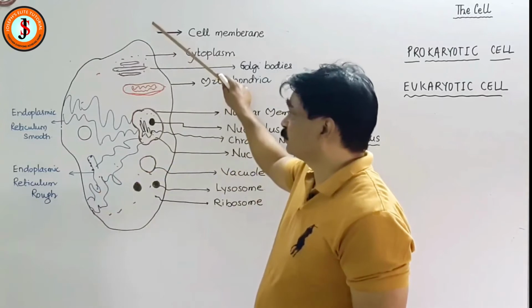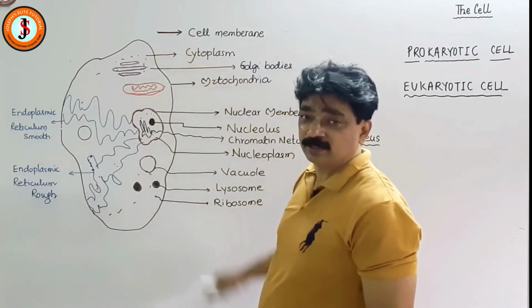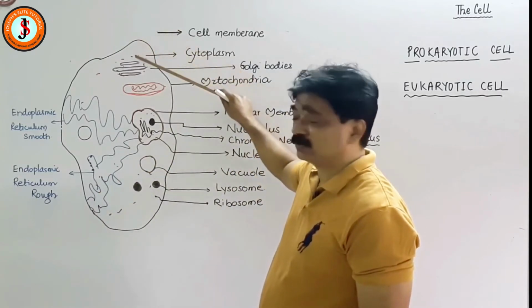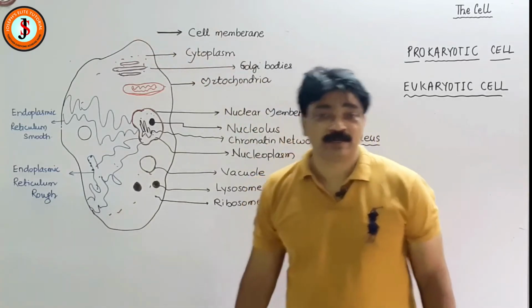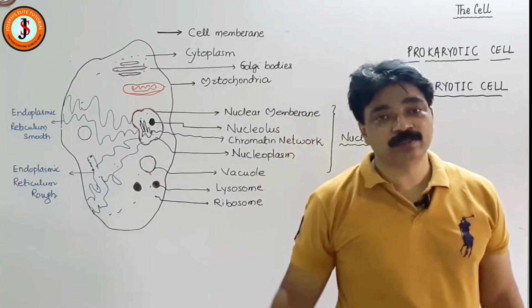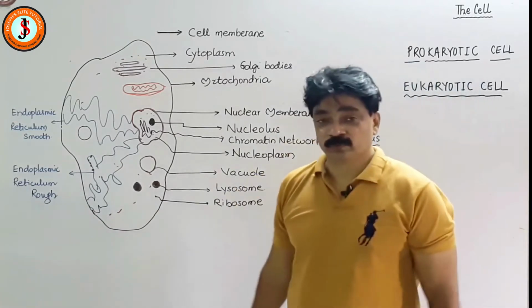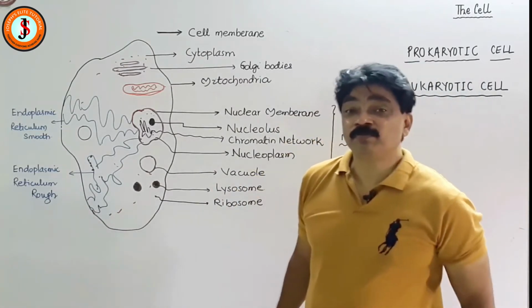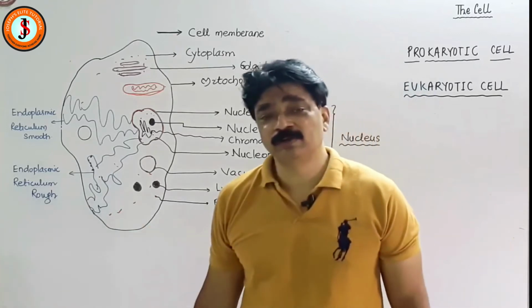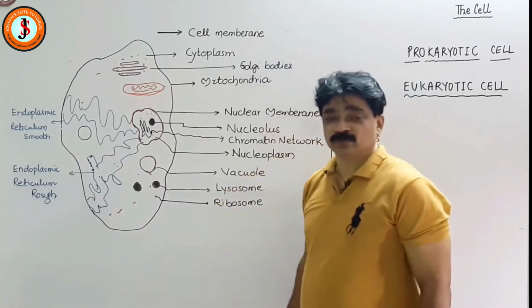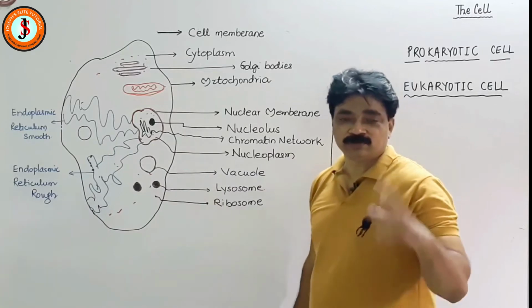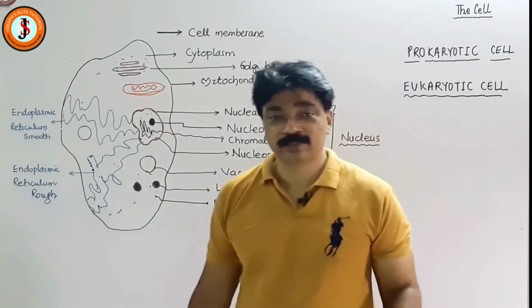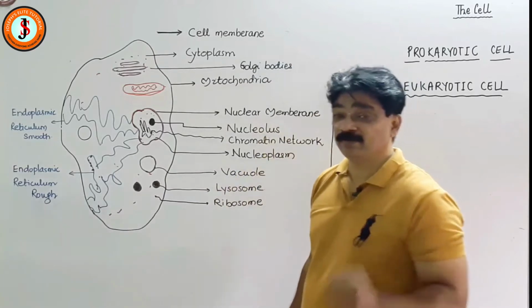That means it controls the exit and entry of things. It allows certain things to get inside and expels certain things from the cell, like it can allow O2 to come in and expel CO2. That is why it is semi-permeable. Not all things will be allowed to come in, so it's a complex process. The most important functions of the cell membrane are, first, to give shape and size, and second, to control exit and entry.